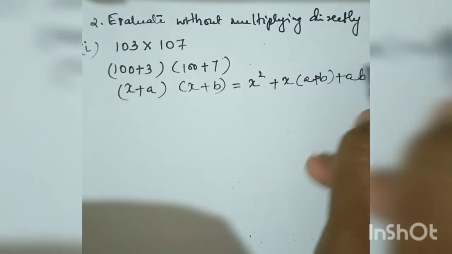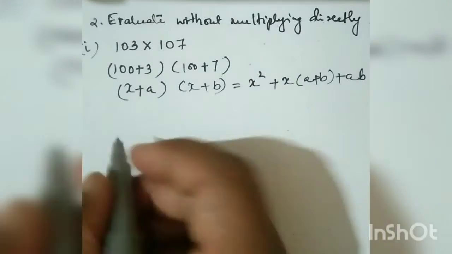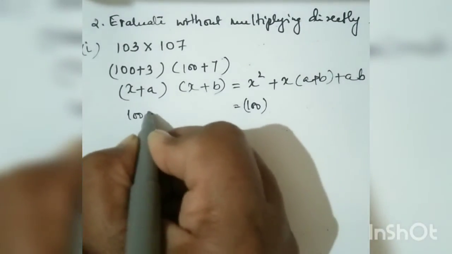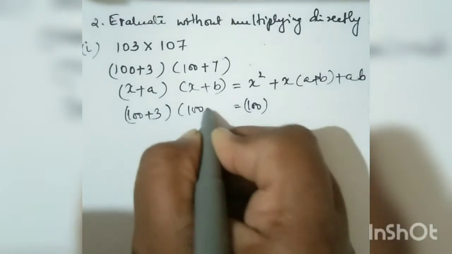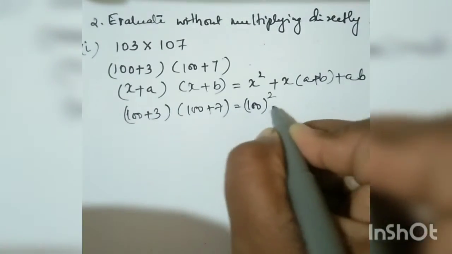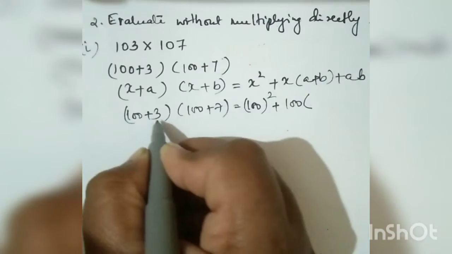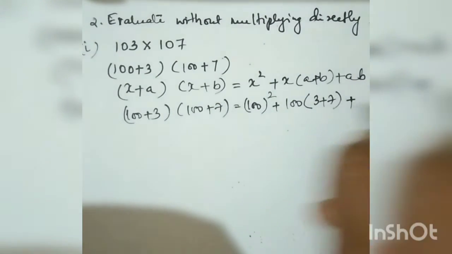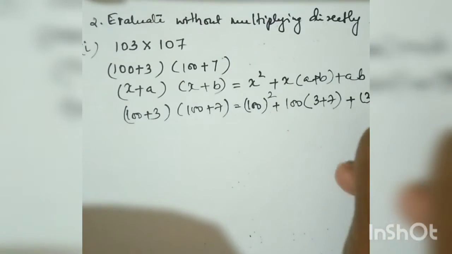Actually, whenever they ask an evaluate question, it is not a compulsion, you can directly apply. So here you will have 100 plus 3 into 100 plus 7, you will have 100 square plus 100 into, a is 3 and b is 7, so 3 plus 7, and 3 into 7.